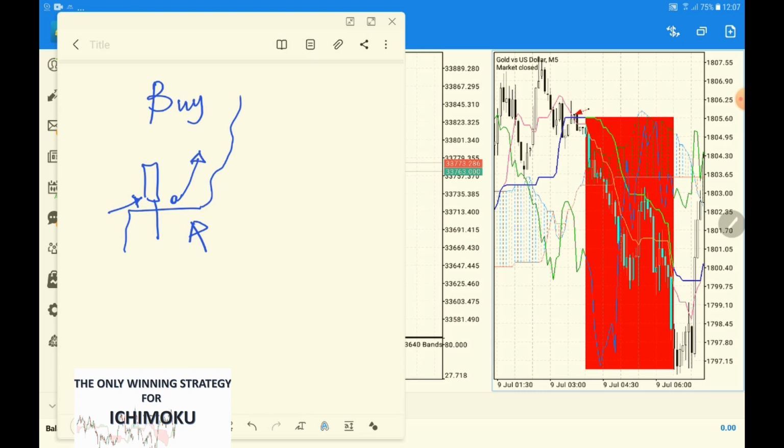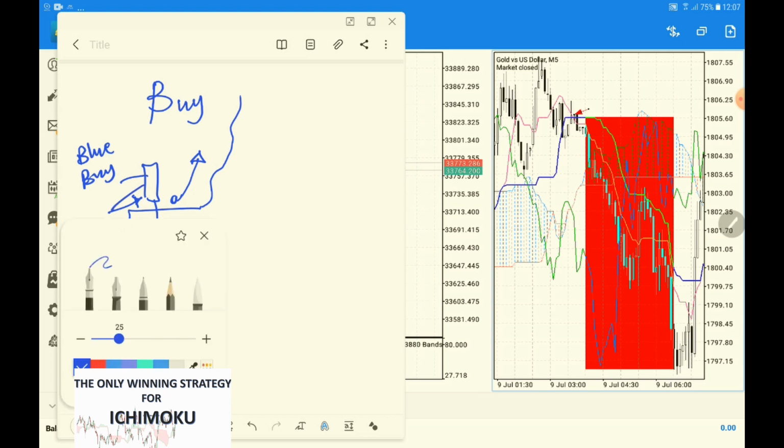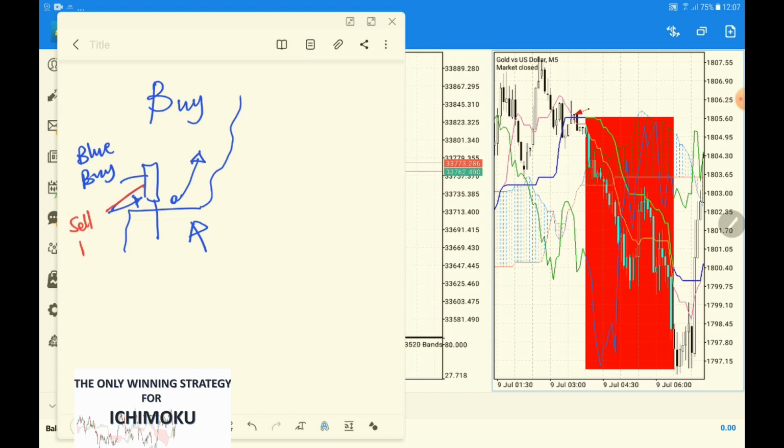It doesn't matter if this candle is a spike candle, a blue candle, or a red or sell candle.